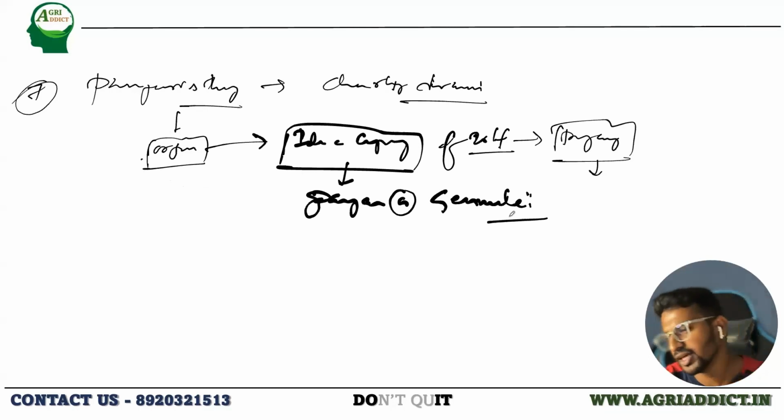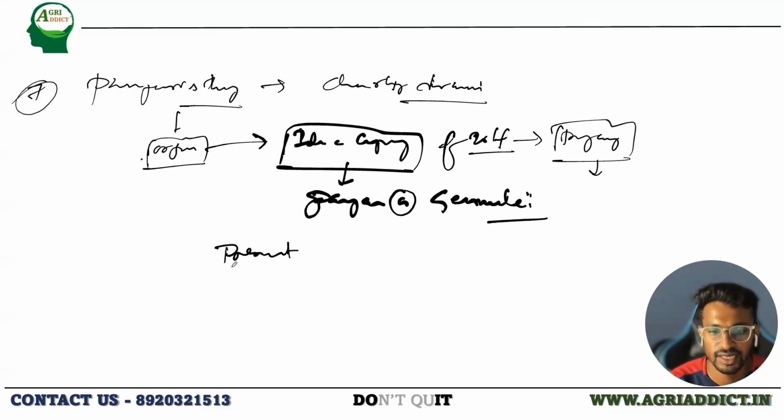Is there any similarity between this pangenesis theory and the theory of acquired characters? Yes. If you compare the theory of acquired characters and pangenesis, there are similarities: whatever changes we observe in the present generation, the same changes will pass on to the next generation.